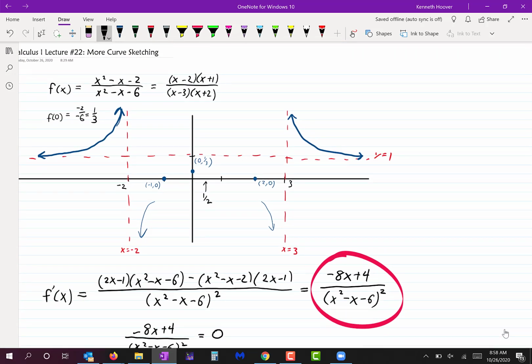What's the y value when x is 1/2? It will be 1/2 squared minus 1/2 minus 2 over 1/2 squared minus 1/2 minus 6. What does that equal?